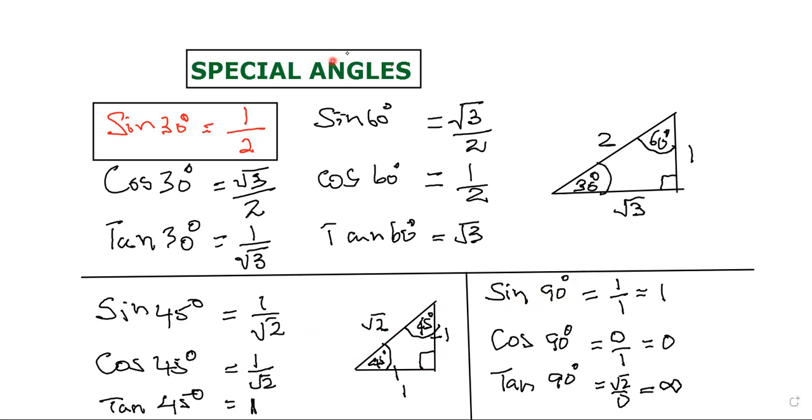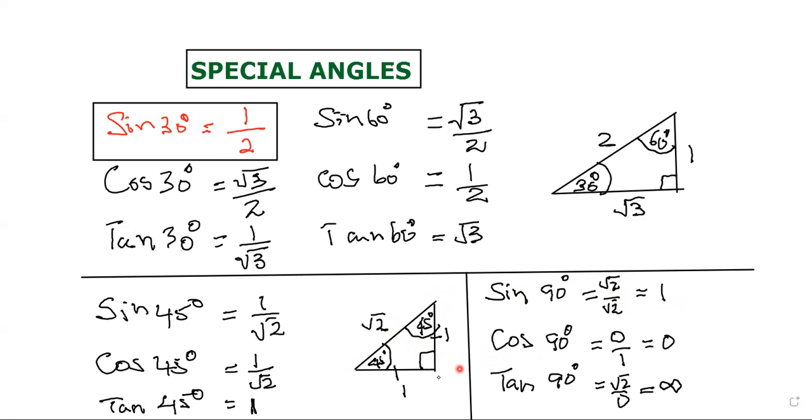So actually it is root 2 over root 2, which is 1. Sine 90: opposite is this, hypotenuse is also the same. It so happens because the hypotenuse is opposite to 90 degrees. So root 2 over root 2 is 1.